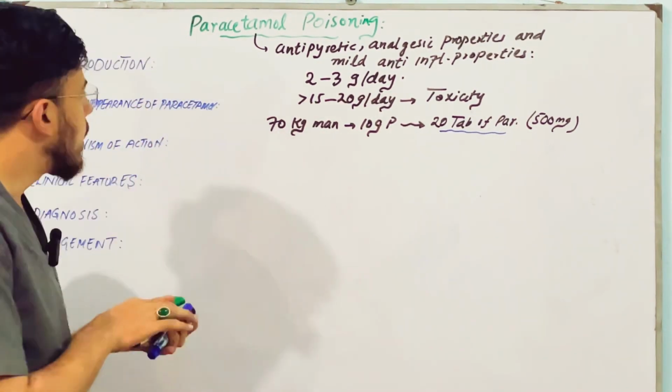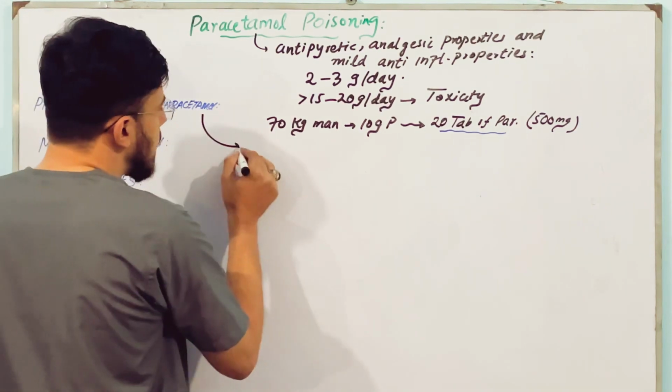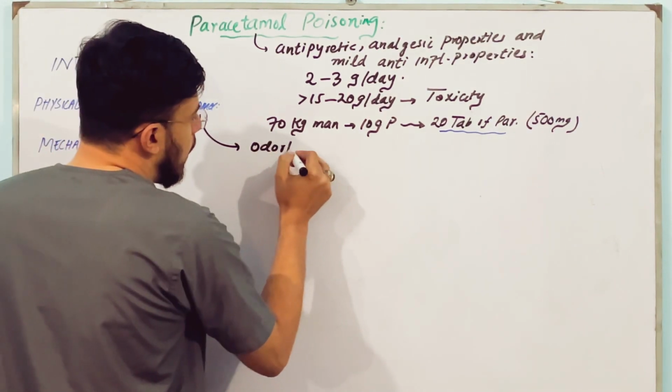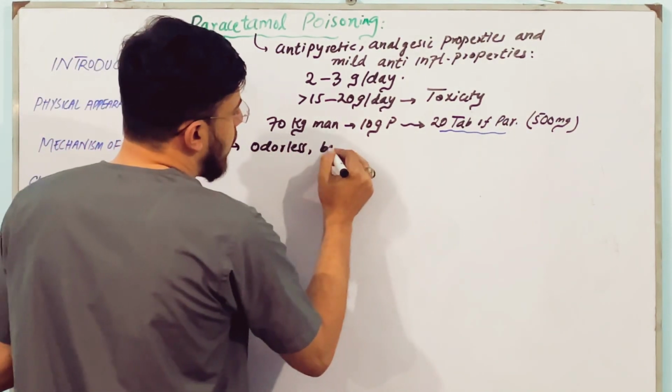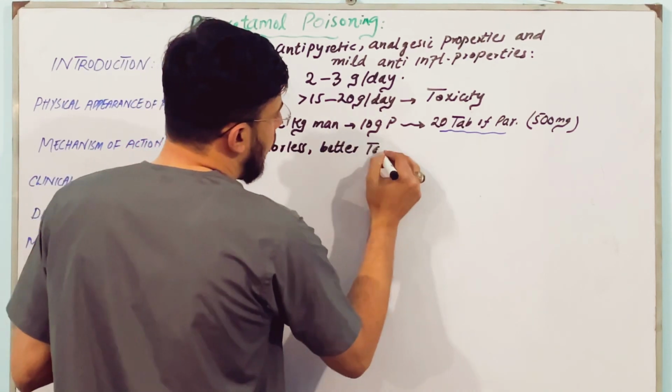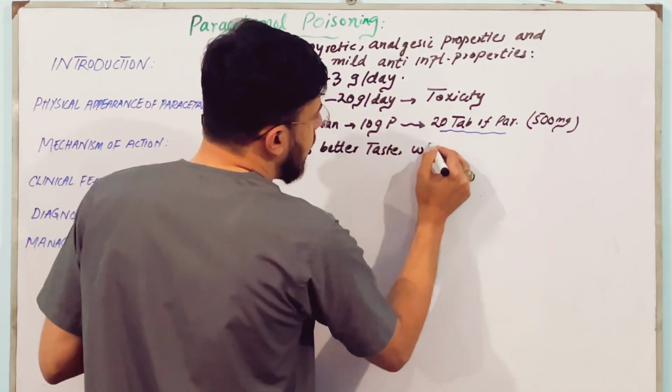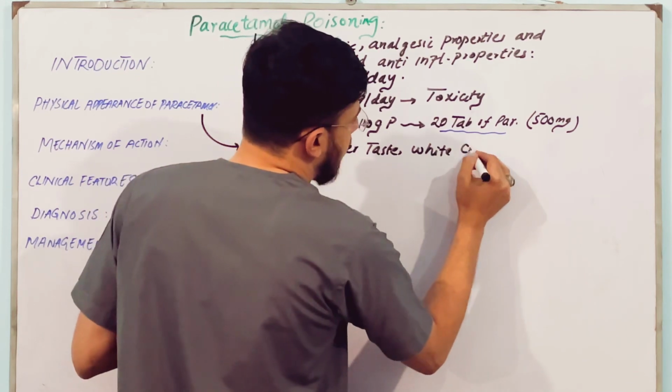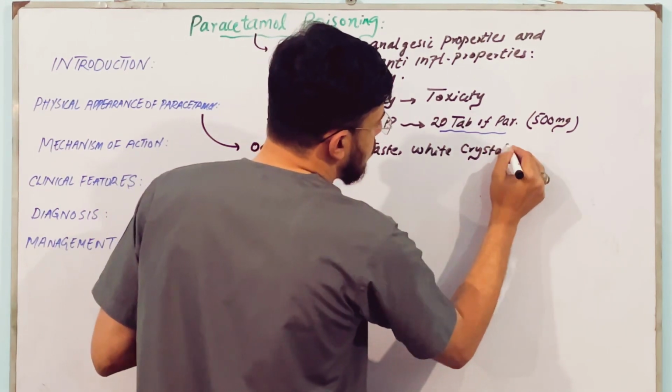So what is the physical appearance of paracetamol? Paracetamol is odorless, has a bitter taste, and a white crystalline structure.